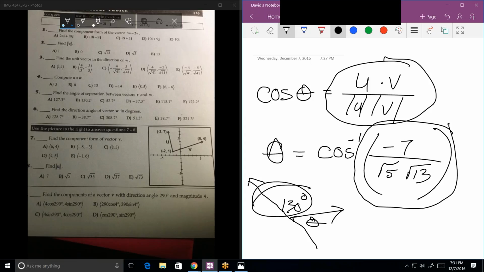And I see 130.2 on there. Oh yeah, that's got to be it. I'm sure you rounded that to 130 degrees. I'll bet it was a 0.2. Perfect. So anyway, that's the way you find an angle between two vectors.